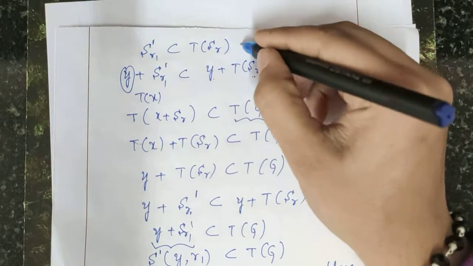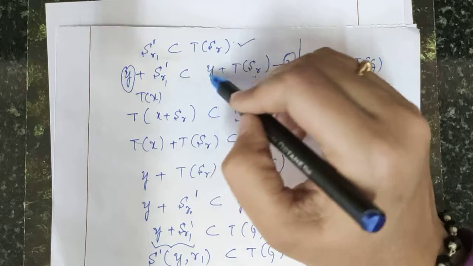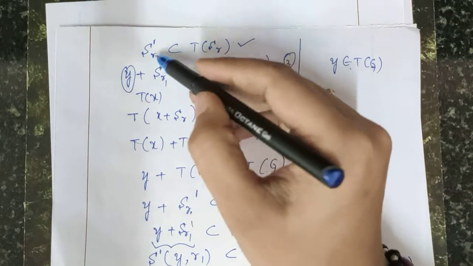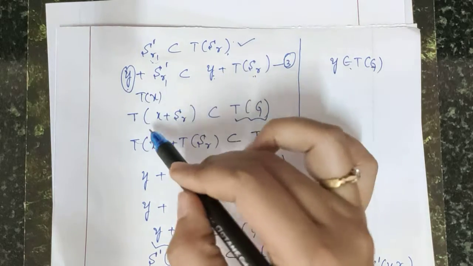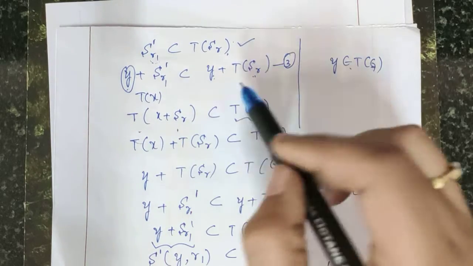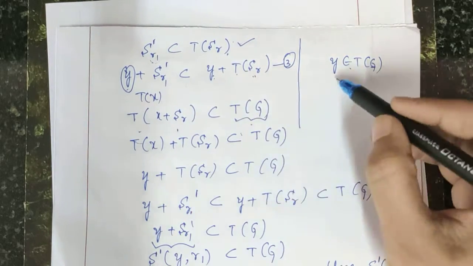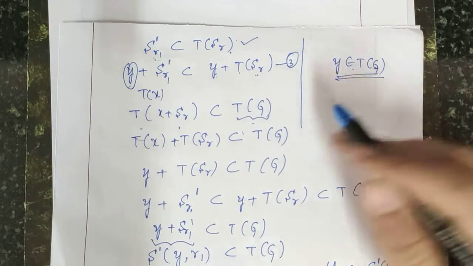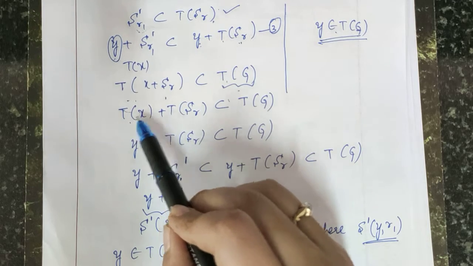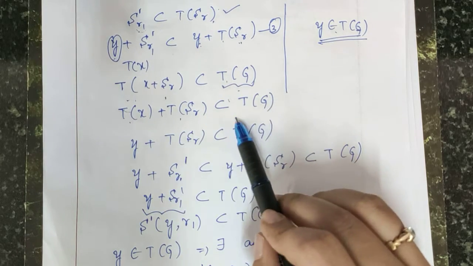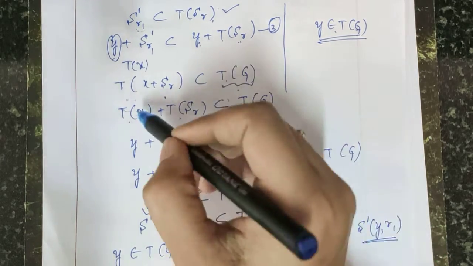Don't get confused in this step. From this we are just operating y on both sides. Since SR1 prime is a subset of T of SR, I can write this as T of x plus SR, and this is a subset of T of G because y belongs to T of G. So since T is linear, I have taken T of x plus T of SR, and this is a subset of T of G. So what is T of x?